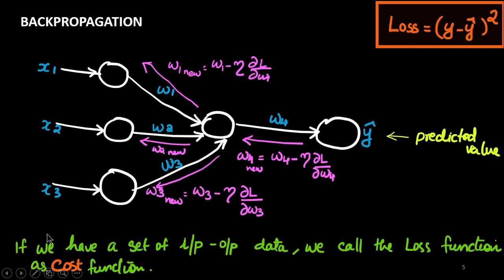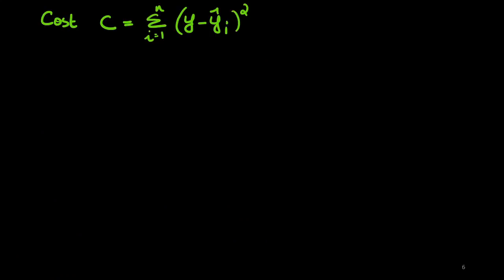If we have a set of input output data, that means multiple data, and normally in machine learning we have thousands or millions of data, we call it a cost function. We can call it a cost function or loss function itself, but the function will be like this: sigma from 1 to n of y minus y cap the whole square, or even the average. We can take the average also as the cost function.